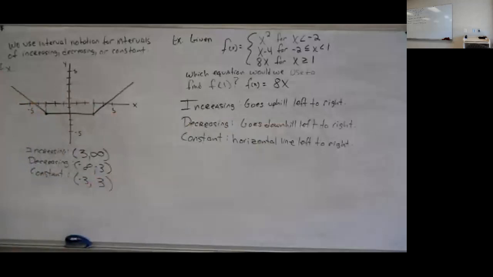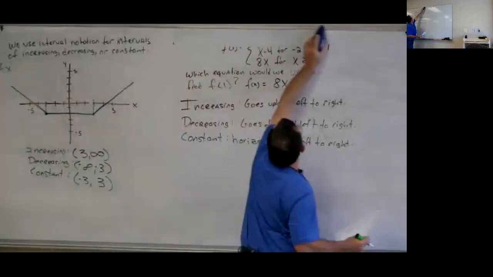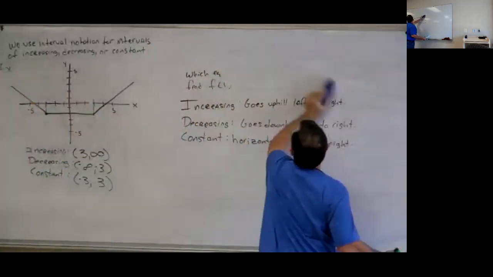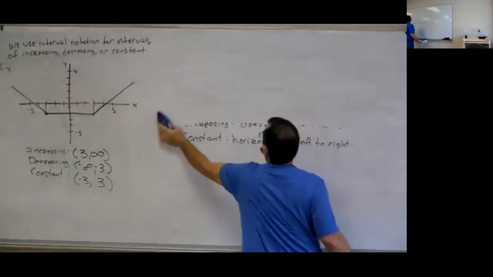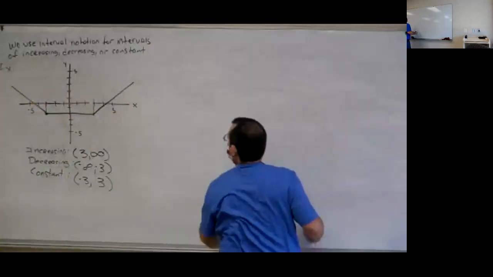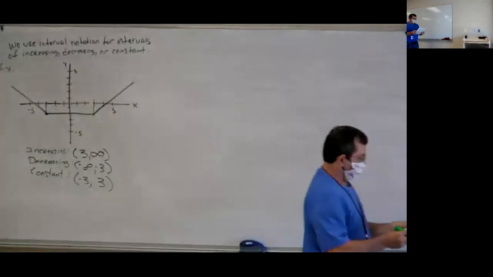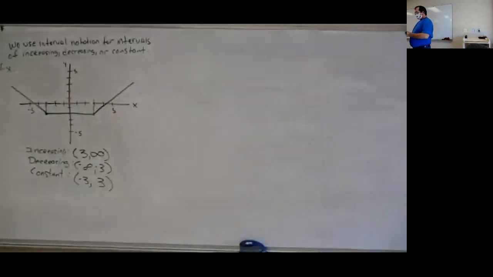So if you notice, these increasing, decreasing, and constant intervals are basically the domain values. Okay. So y'all good on that?